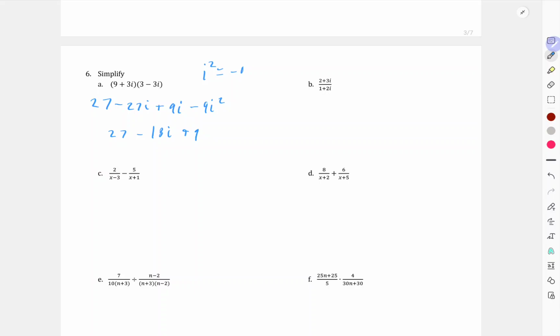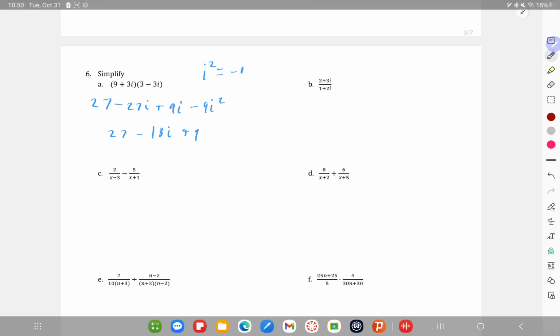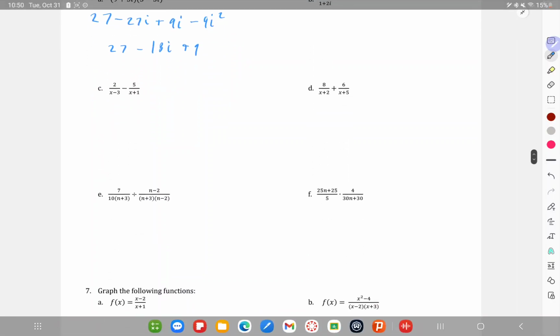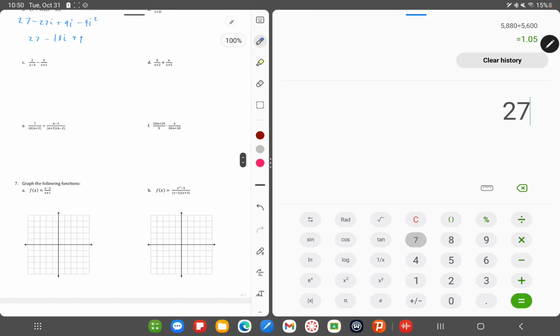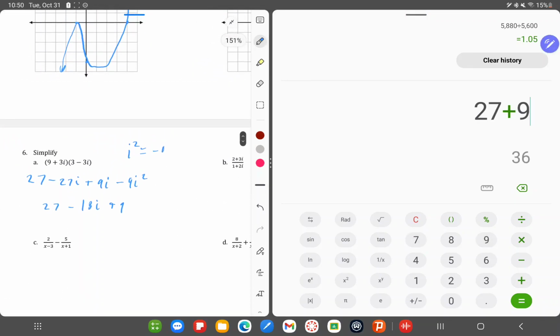And what happens now is, well, what's 9 plus 27? 36. Yeah, it's just 36 minus 18i. Just to double check, I will see if this is right again. Yes, that is correct.